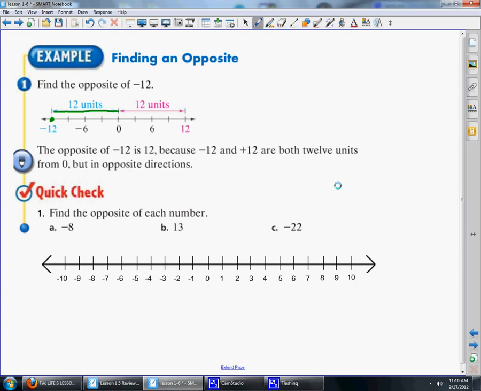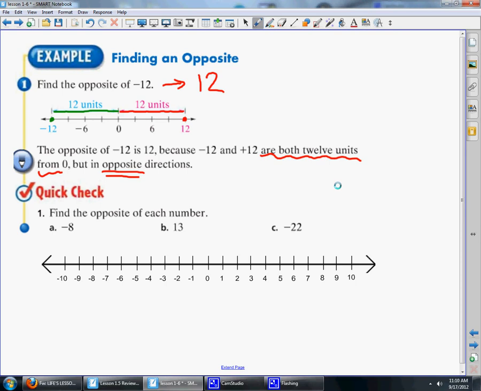So that means the opposite of it is going to be 12 units away from 0, which would make that number positive 12. So the opposite of negative 12 is positive 12. And the reason for that is because they are both 12 units from 0, but in the opposite direction.